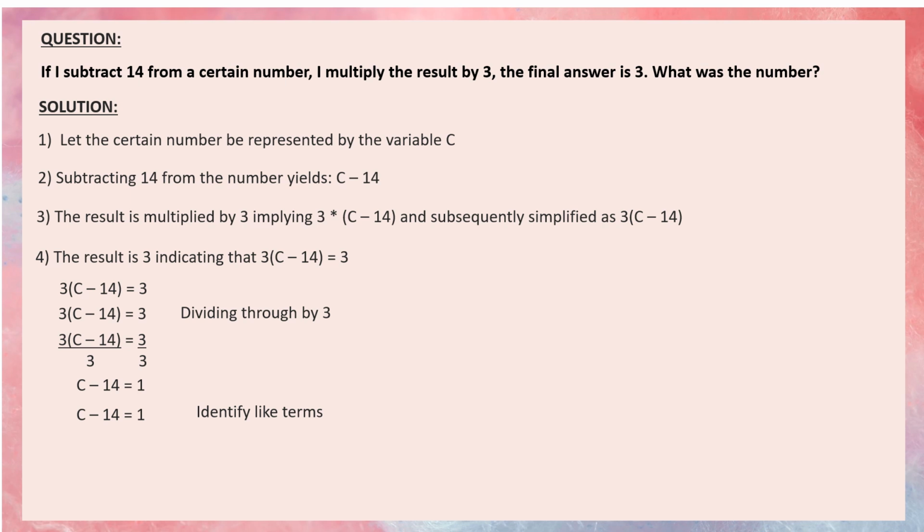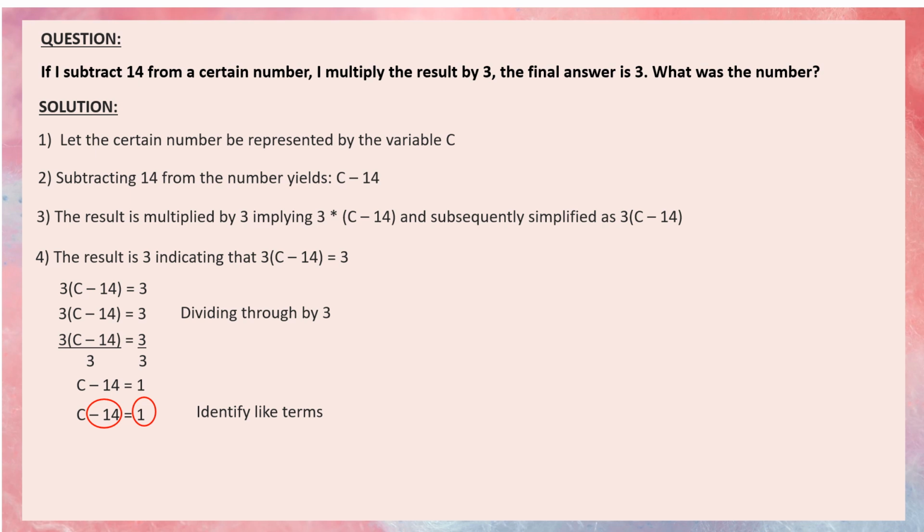I have 15 apples. But if I have 1 apple and I add 14 pineapples, I still have 1 apple and 14 pineapples. It can be simplified further. So in this particular scenario, 14 and 1 are like terms. They are numbers. So all we'll do is to group them.